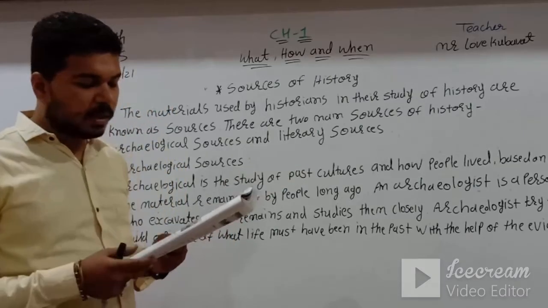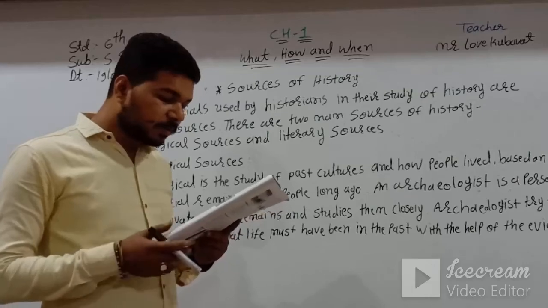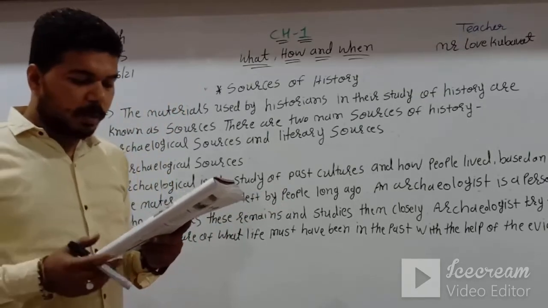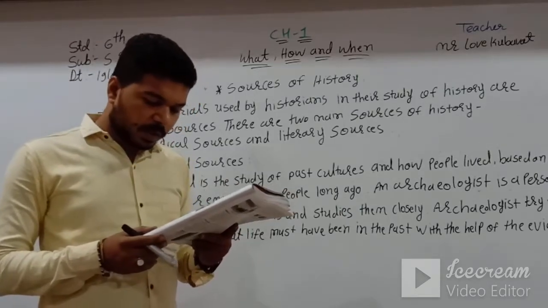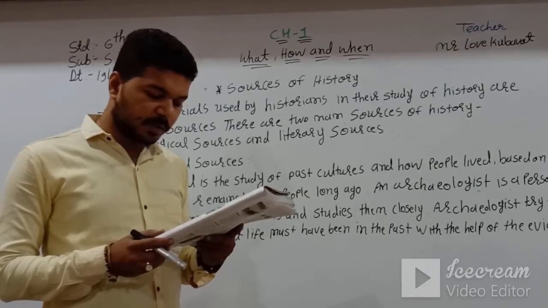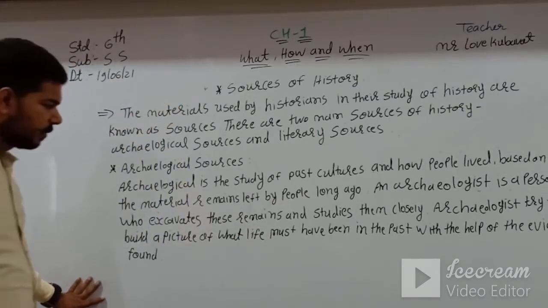You can see the picture in your textbook of how people's lives were in the past. Even burial sites are regarded as archaeological sources. Okay, students, write down in your book.